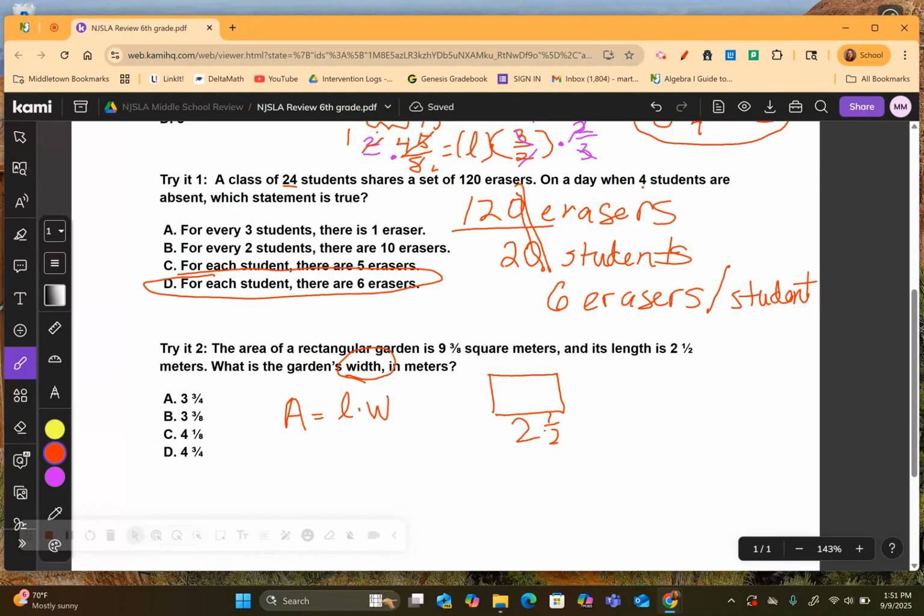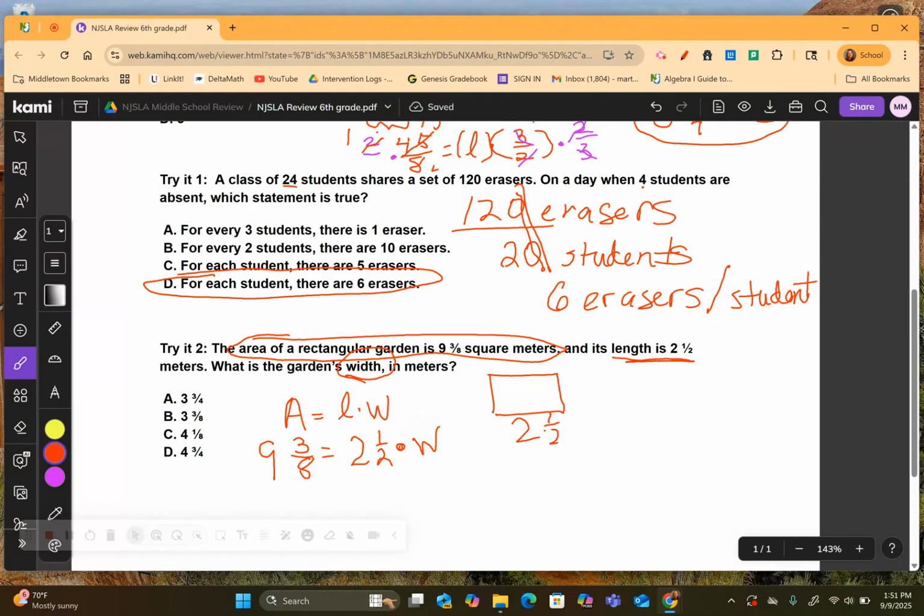I'm going to plug in. What would I plug in for my area? Well, they're telling us that it's 9 3/8. So we're going to plug that in for A. They do tell us the length, don't they? So what are we going to put in for L? 2 1/2. Good. And our W is our unknown.